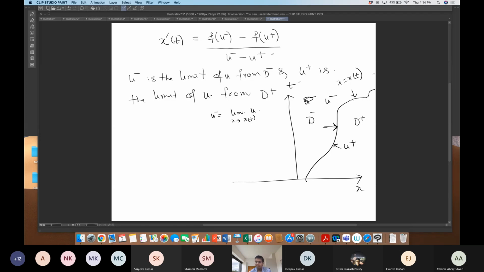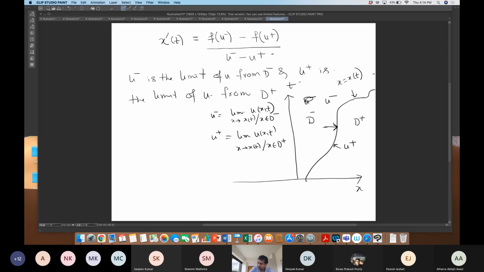u minus is the limit of u from D minus. So u minus is the limit of u where x belongs to D minus, and u plus is the limit of u as x goes to x(t), where x belongs to D plus. Clear? Yes or no? Yes, sir.